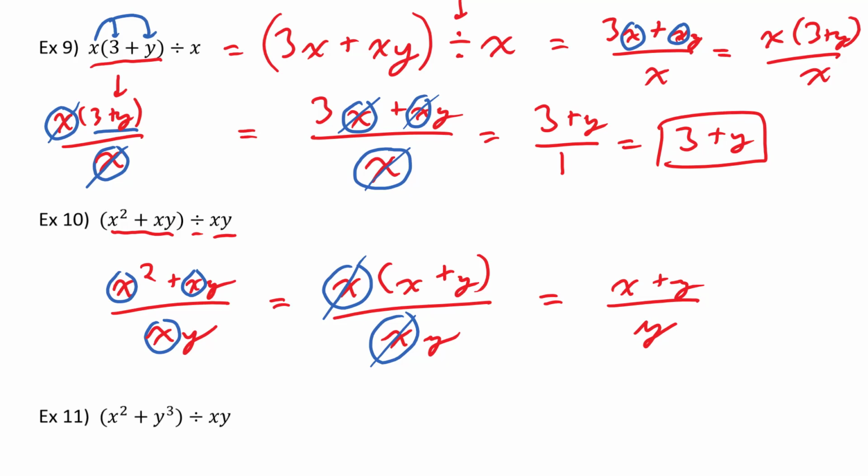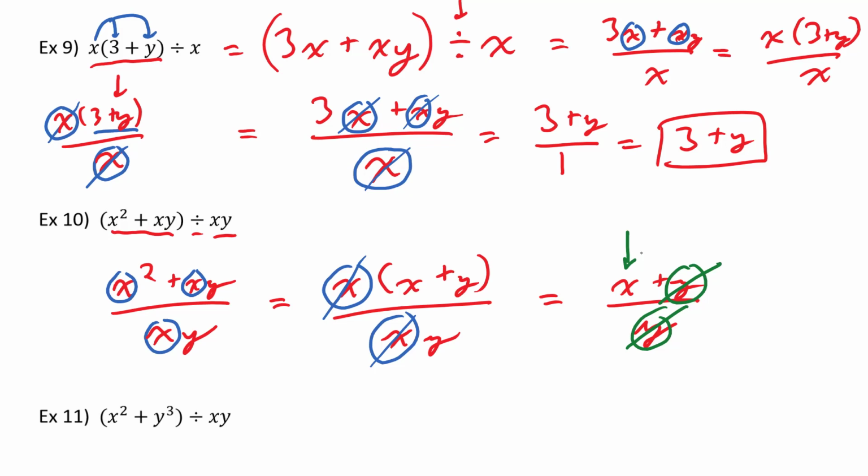Now be careful. What students will want to do here, they'll say, well, I have a y and a y here, and those cancel each other out. Incorrect. Why can't you do that? Because this term right here does not have a y in it. In order to cancel a variable out from a fraction, every single term has to have that variable.